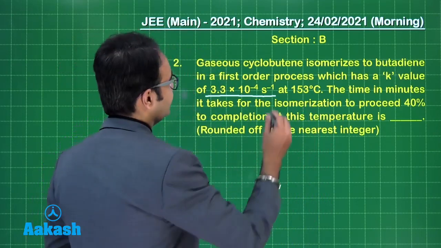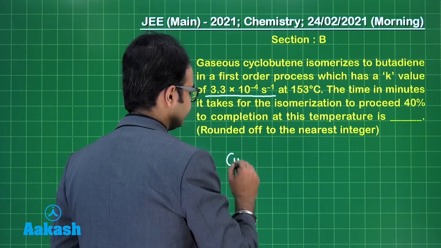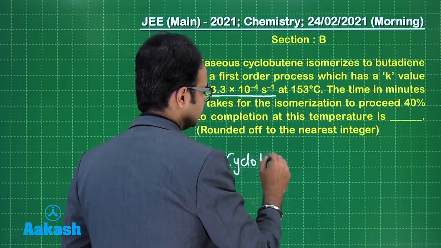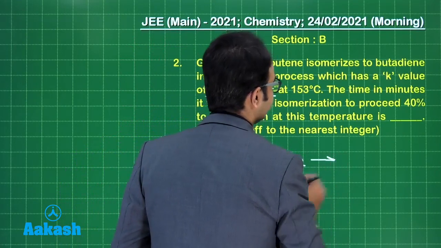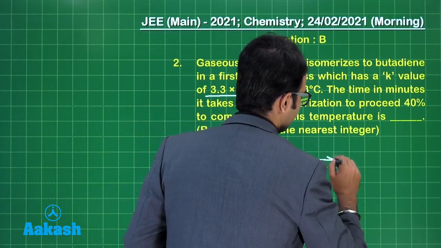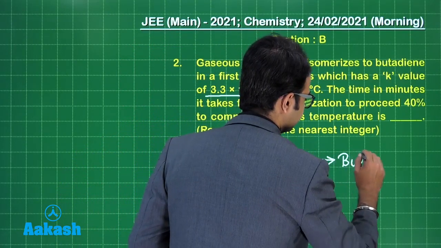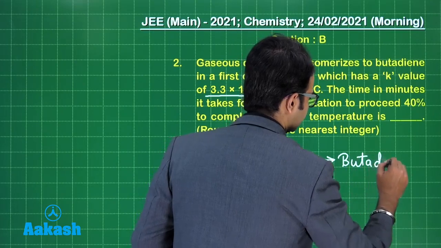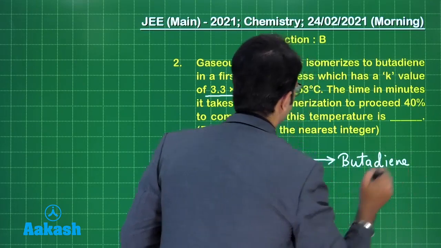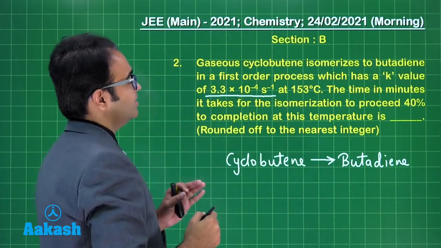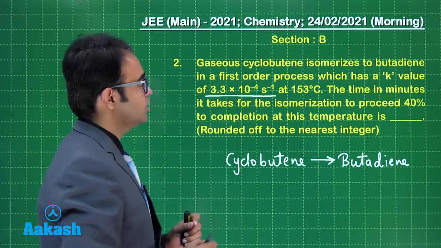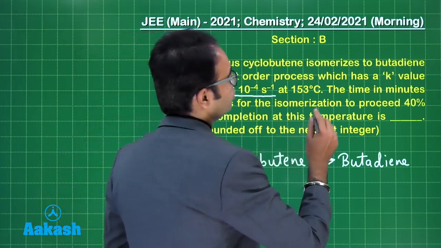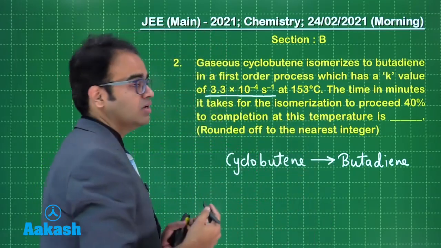So we have cyclobutene, and it is getting converted to butadiene. So we have to calculate the time in minutes it takes to isomerize 40% to completion.